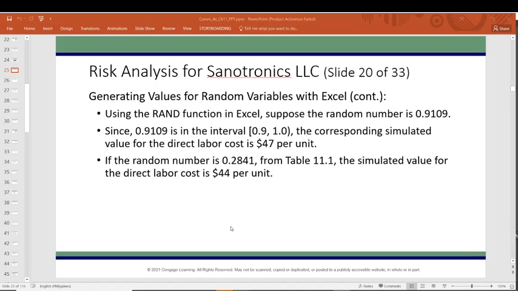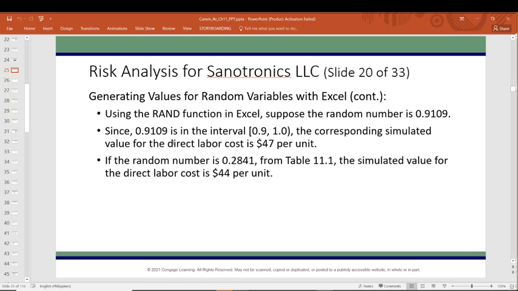Each trial of the simulation requires a value for the direct labor cost. Suppose that on the first trial, the random number is 0.9109 from table 11.1.